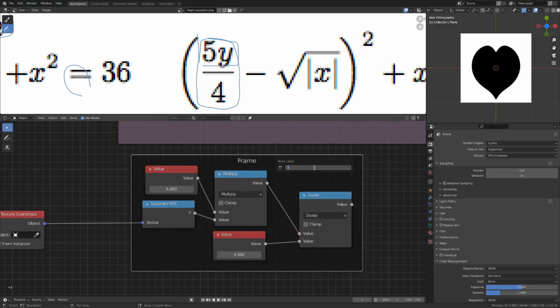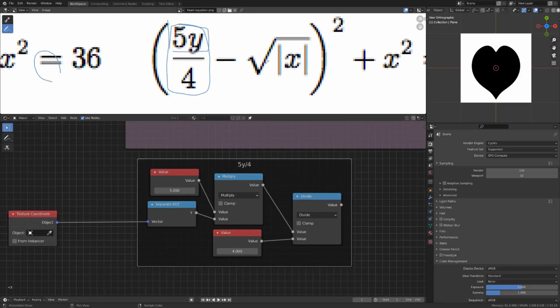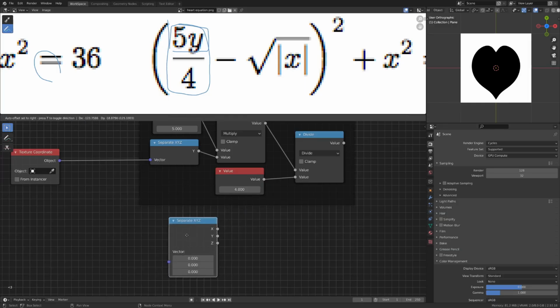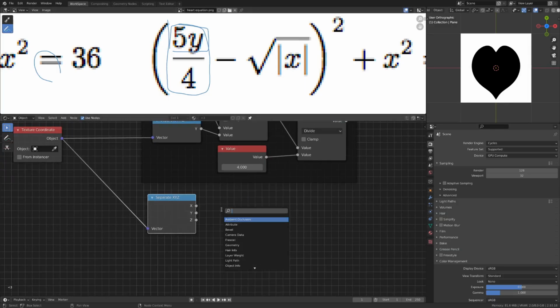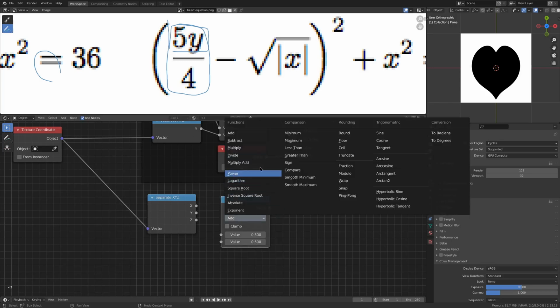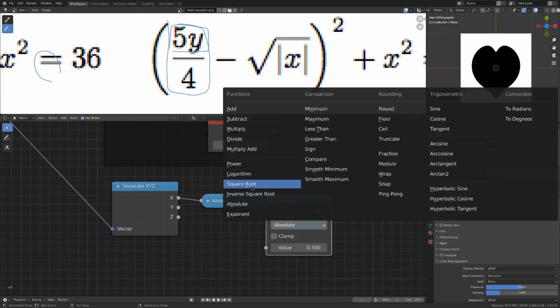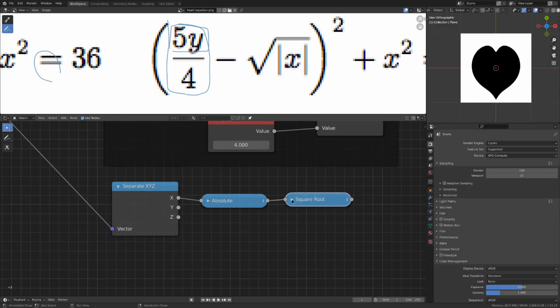So we are going to keep organizing it. Okay, and we are going to subtract with this absolute x of square root of absolute x. So we're going to make separate x with z, and this x is going to be absolute here, and we are going to add square root, and we just made it.